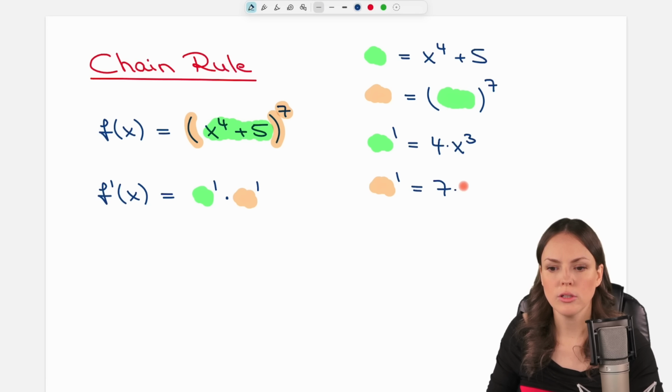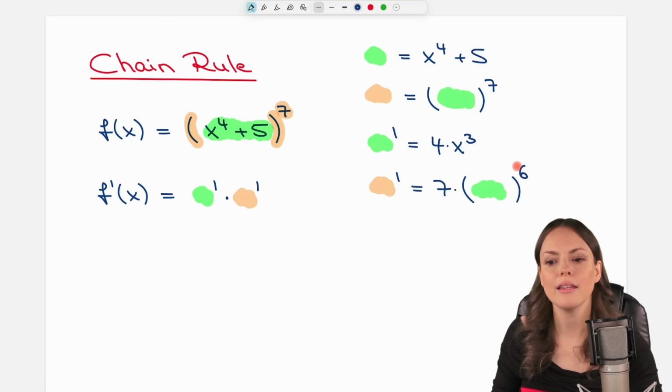Okay, our thing is these parentheses with our green part in here. But then our new exponent is going to be a 6. So the power rule here is 7 times what we had, and then to the power of 6.